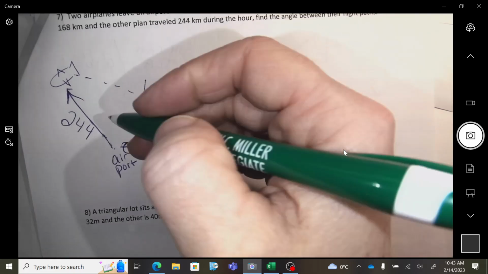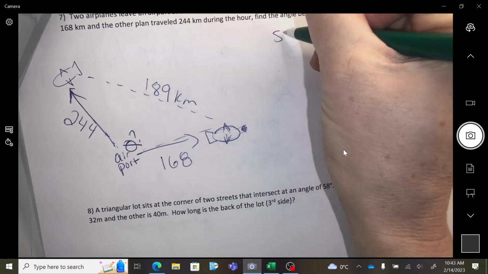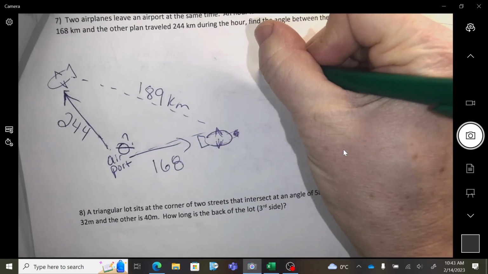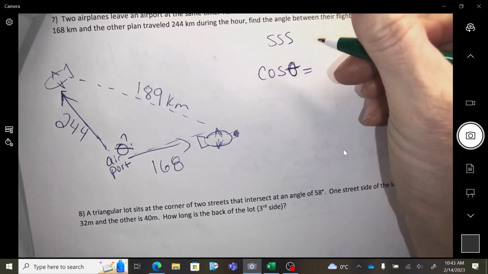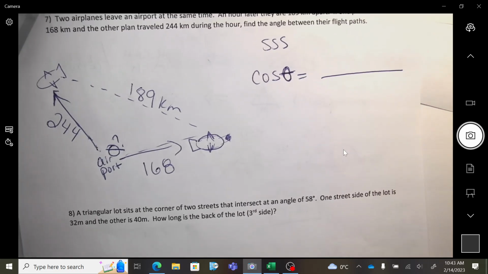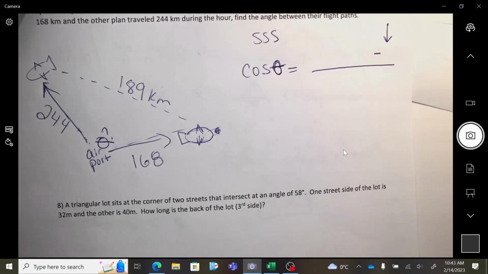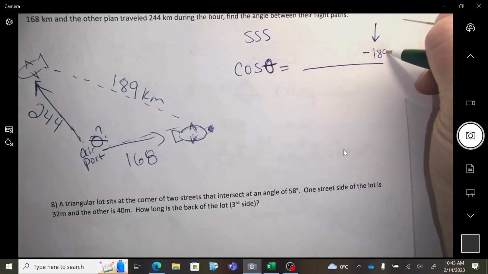Okay, how do I figure this out? I have a triple S, so this would be a cosine of the angle question. Fraction, which one do I pick first in the subtraction position? 189. The 189.